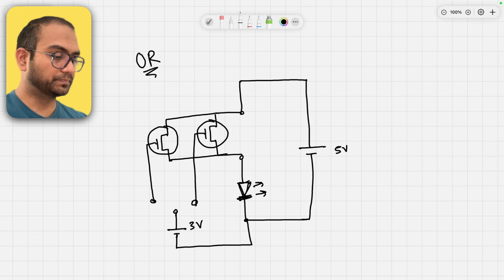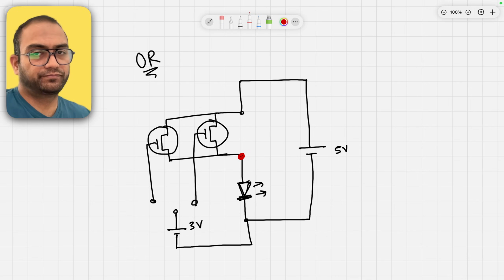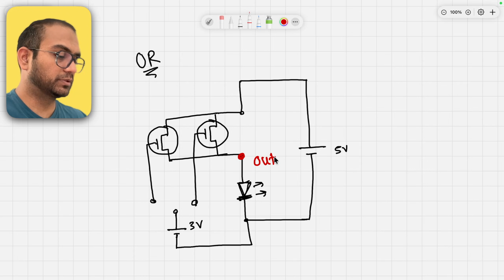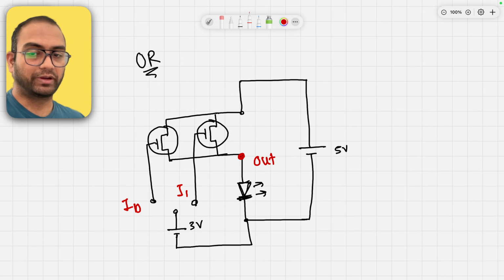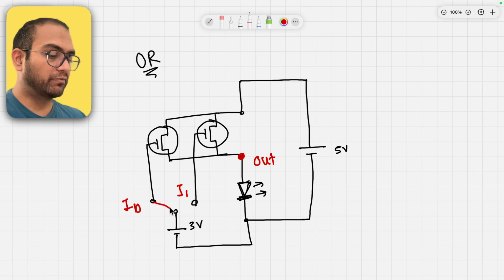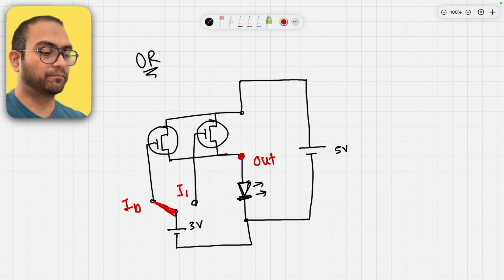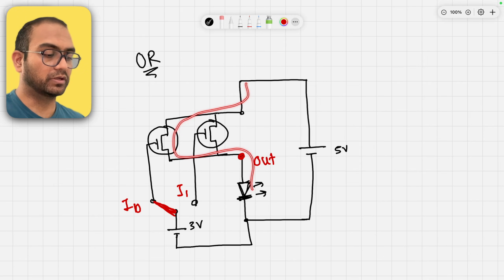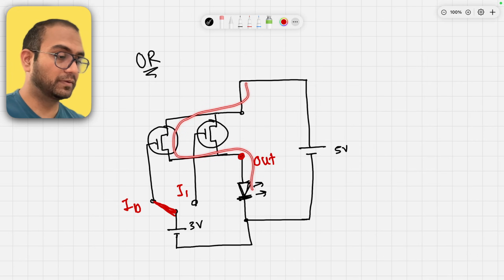Okay, so let's say we have an arrangement like this, and we are calling this our output, and we are calling this input 0, and this input 1, right? So now if I keep this connection on, then this transistor is on, and the current will flow from here and the LED lights up.